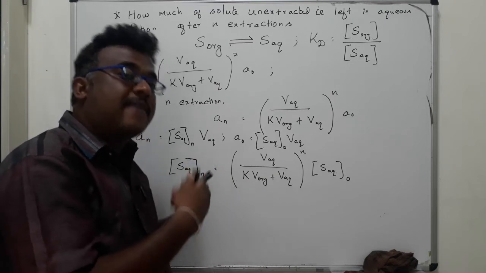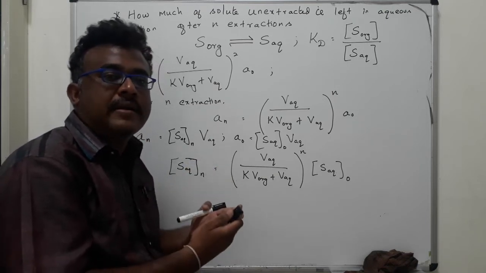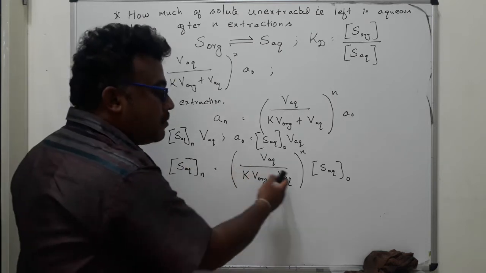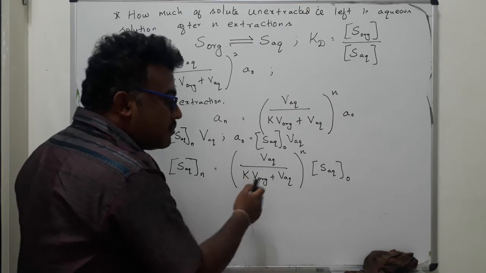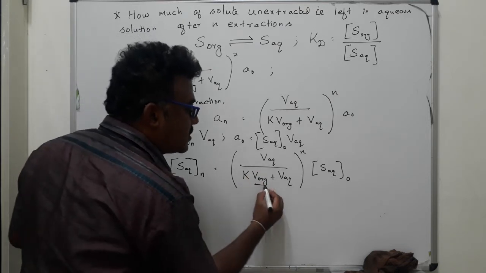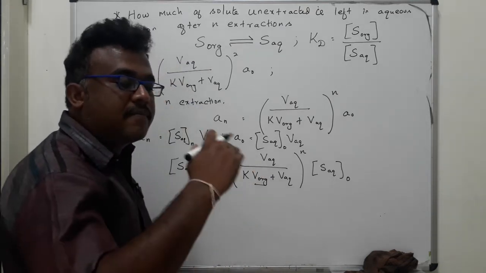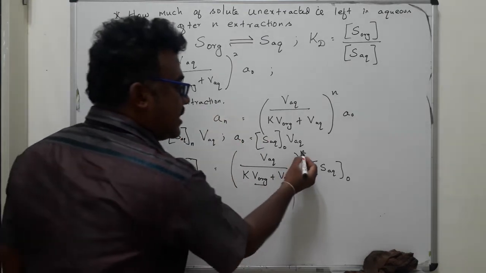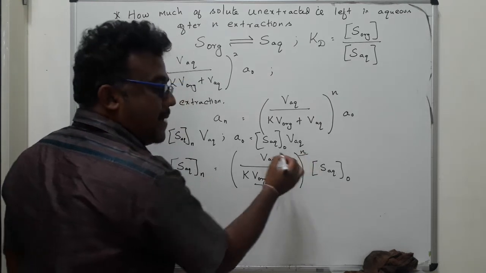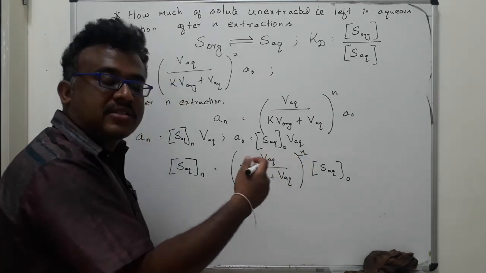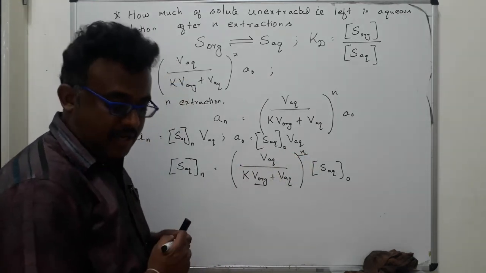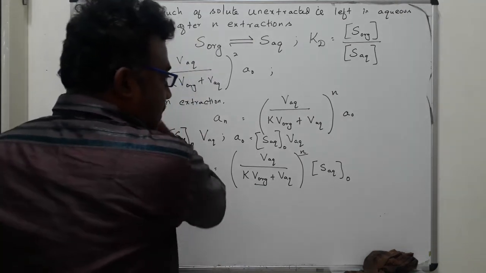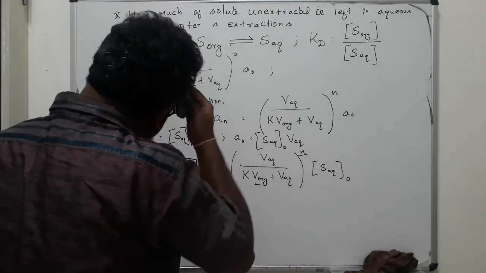If you increase the number of extractions, how efficiently can you extract your compound rather than using a higher volume of solvent? By increasing this parameter, the extraction technique becomes more efficient. That I am going to show now by a simple problem.